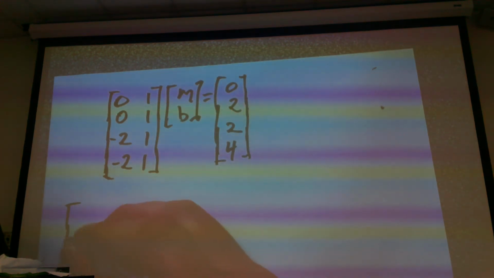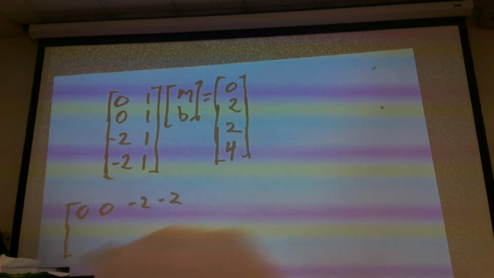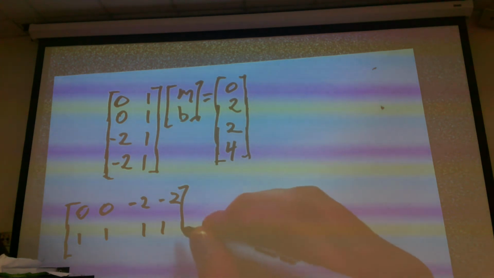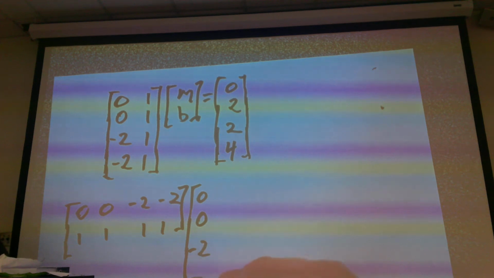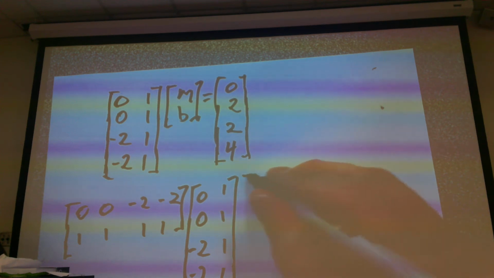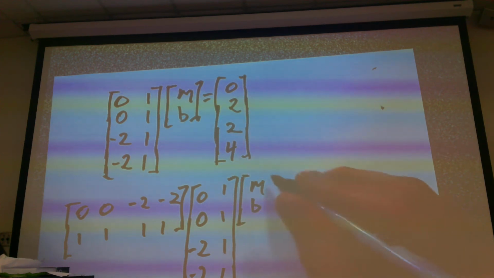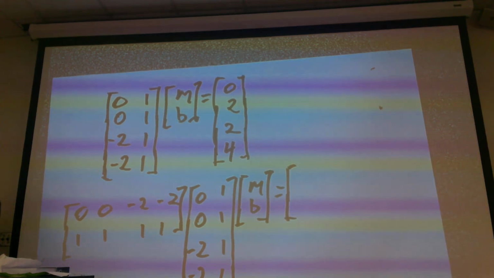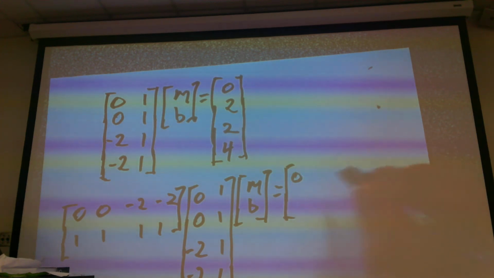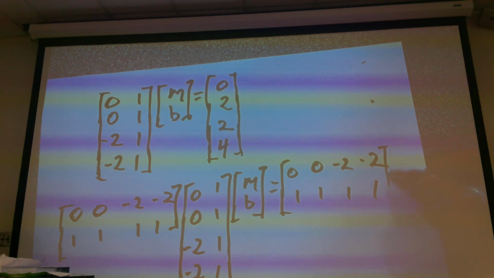So the transpose of the matrix times m and b, and this is going to equal, if you multiply by the transpose on one side, you've got to do it to the other side of the problem as well. So the transpose times my y values.